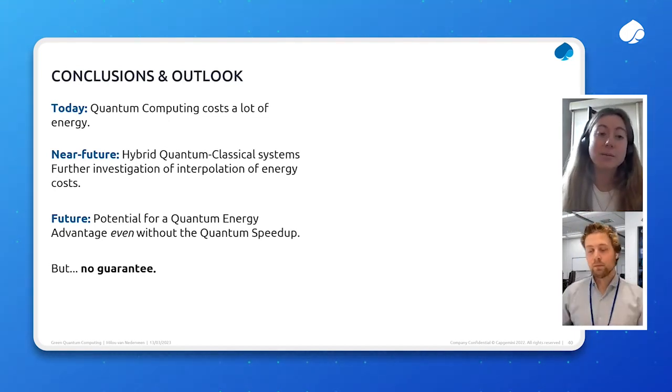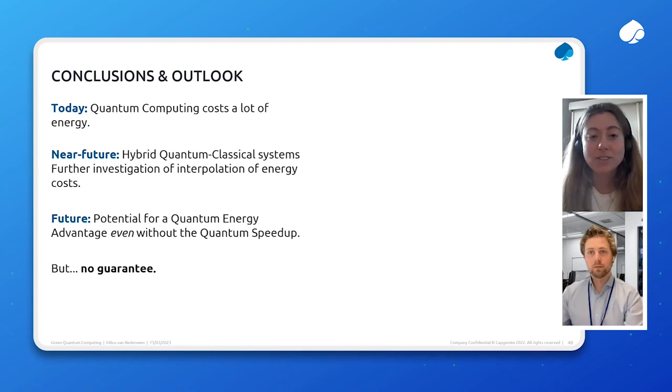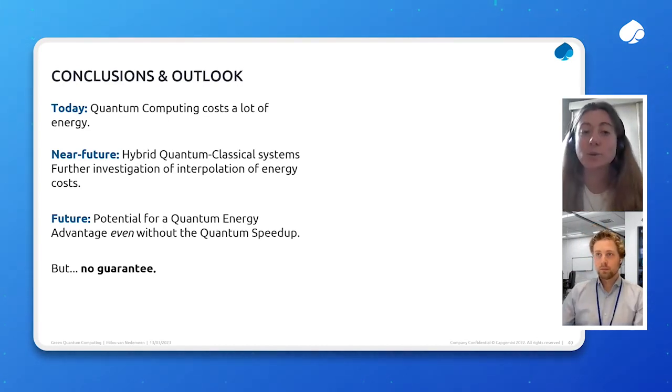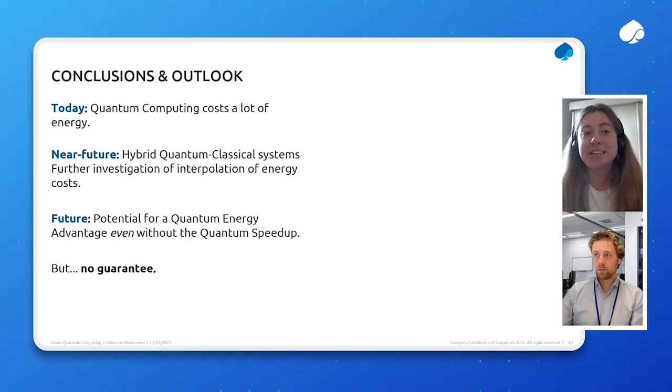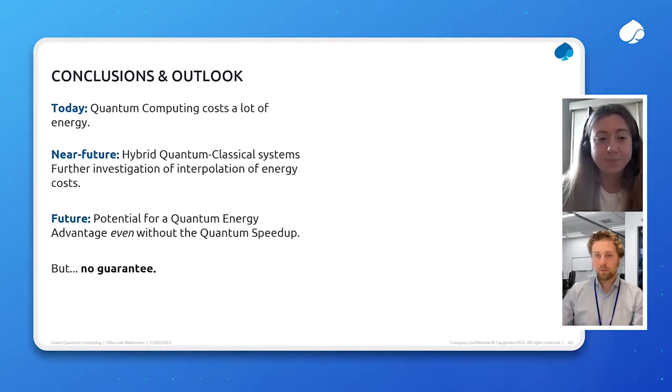In the future, there is a high potential for this quantum energy advantage, even without the quantum speed up, but this certainly is not a guarantee. We really need to focus on making the right optimization choices, the right design choices, and take this into account with every step in this journey.